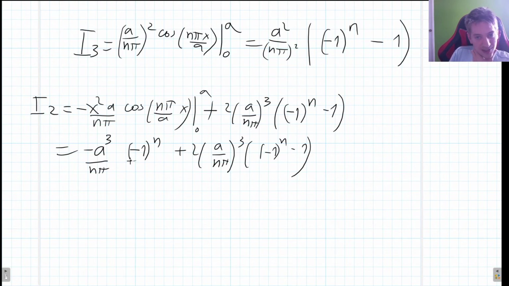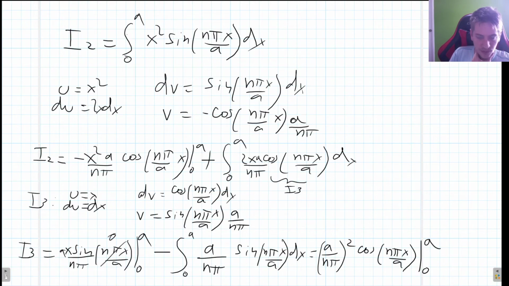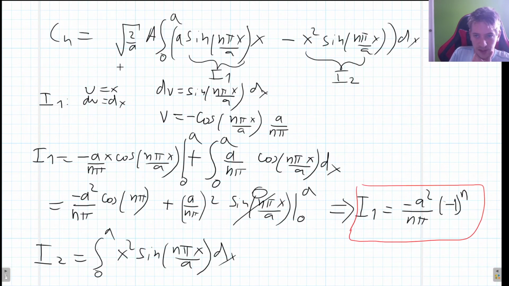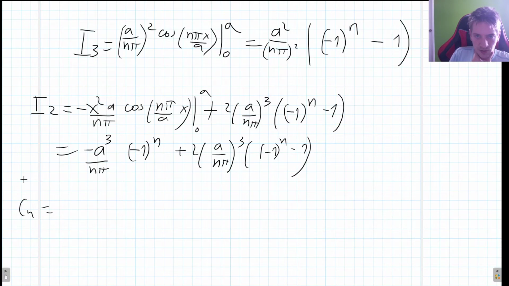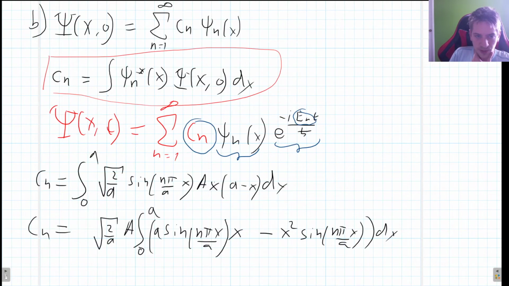So this is our second integral, which we now have to put into the expression for Cn, right? We have this expression for Cn, which is, let me look for it, right here. So we have this first integral that we already solved. So Cn was just square root of 2 over a times big A, and then we had these two integrals. Wait, where is it?